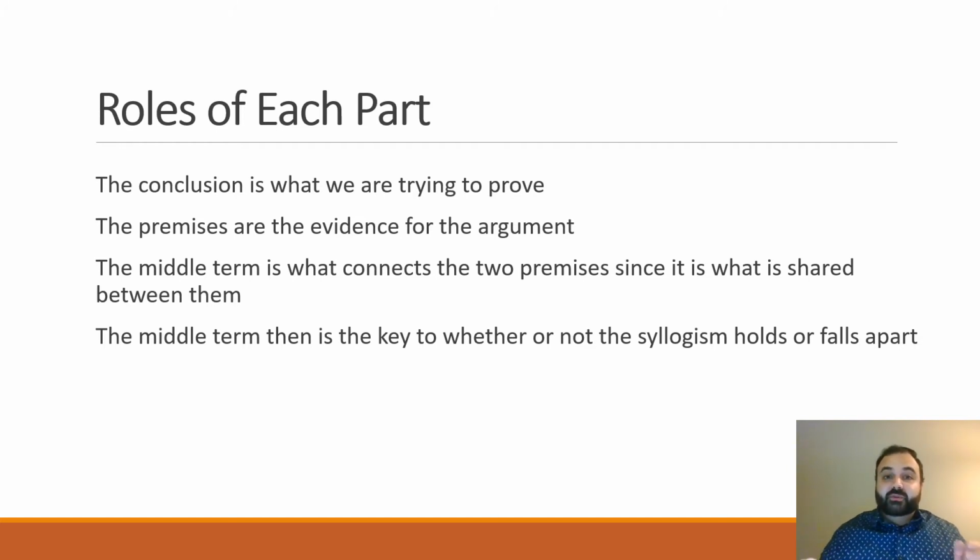The premises before that conclusion are the evidence to argue for that conclusion to be true. The middle term is what connects the two premises together, since it's what's shared between them. If you don't have a good middle term, the syllogism falls apart. So think of the middle term as doing the work, showing why the premises prove the conclusion to be true.